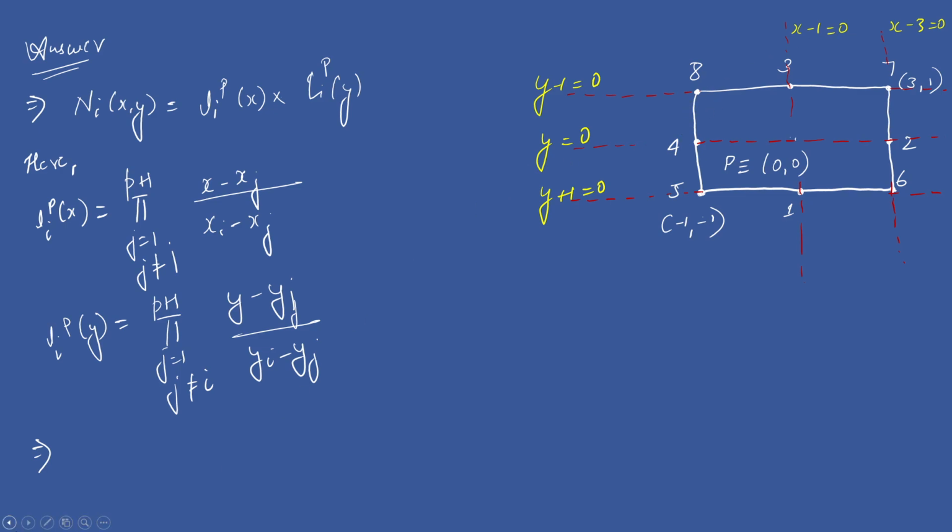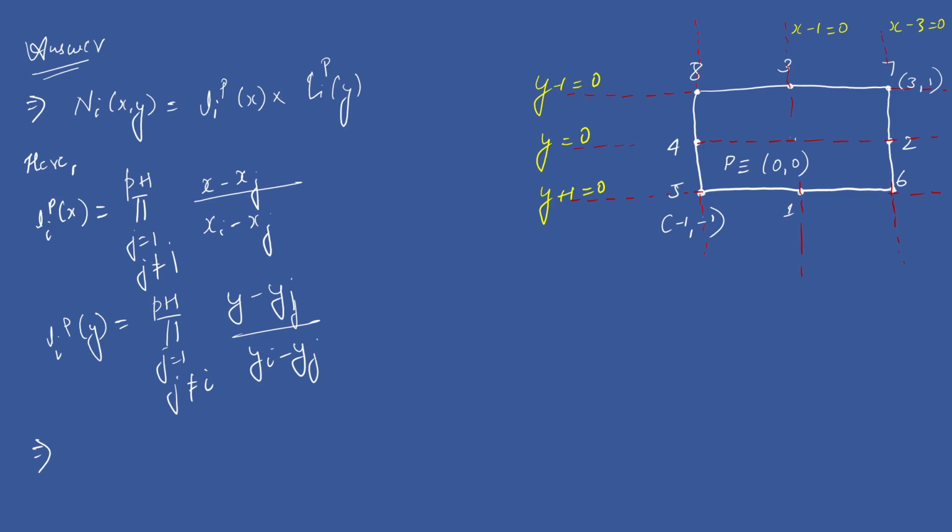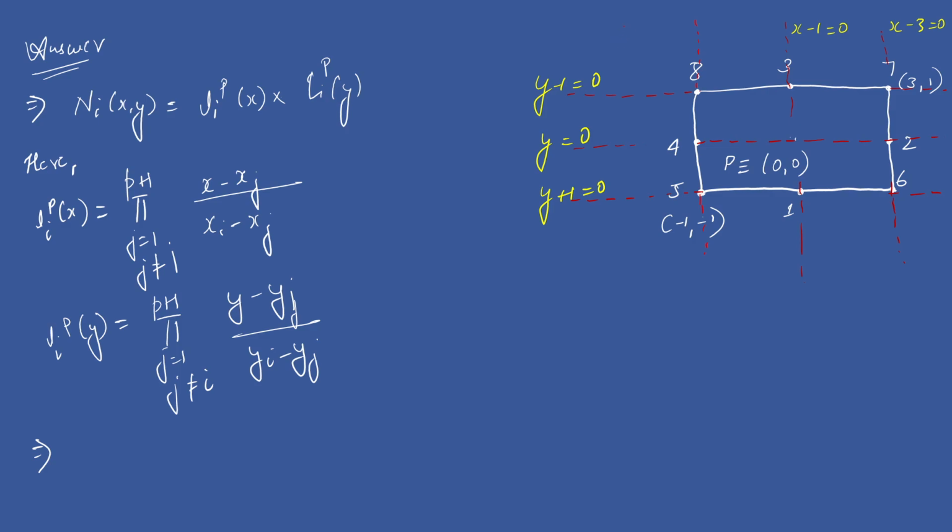Accordingly, one more edge will be there, which is given by x plus 1 is equals to 0.